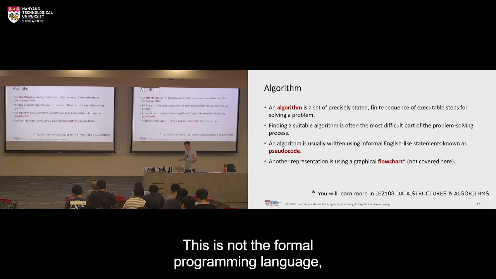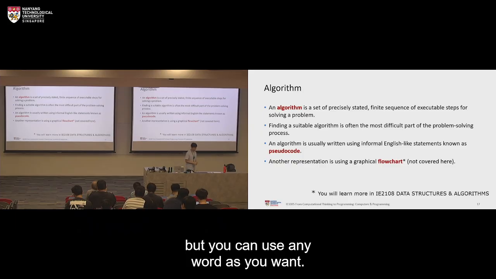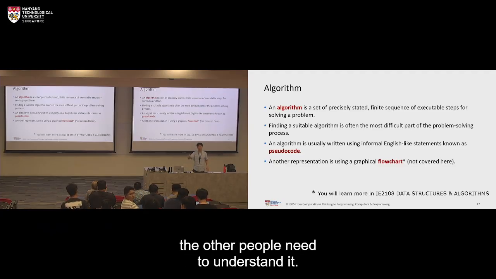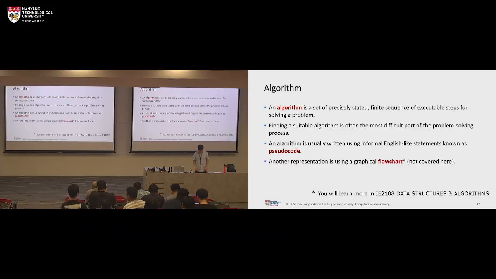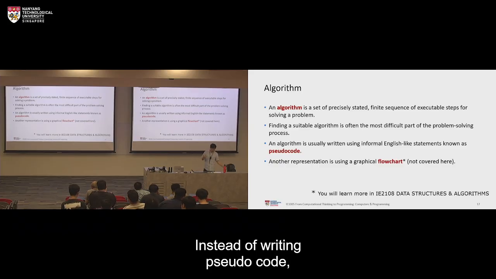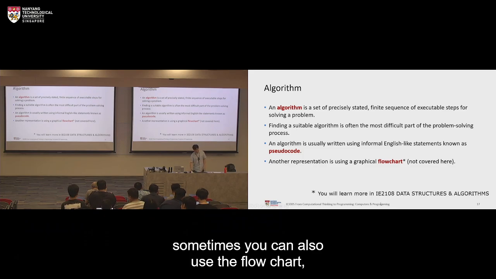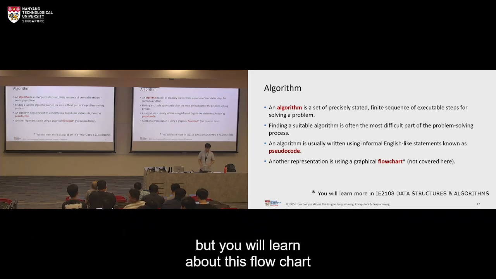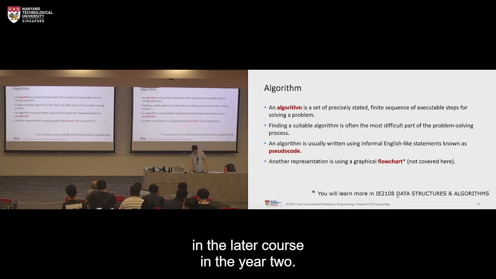This is not a formal programming language, so you can use any words you want, but at least you and other people need to understand it. Instead of pseudocode, sometimes you can also use a flowchart, but it is not covered in this course. You will learn about flowcharts in a later course, in year 2.